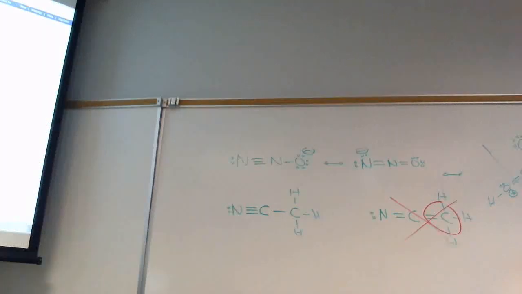We have properties of liquids. Properties of liquids would be like boiling point, melting point, or freezing point. Vapor pressure, we probably covered that before. Surface tension, I don't know if you covered surface tension yet. Viscosity. All those properties relate to intermolecular forces.